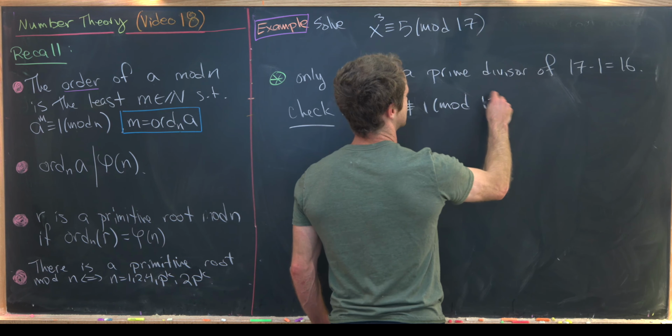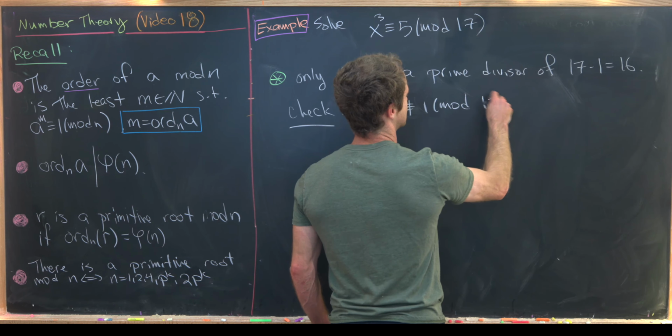That's the first step of any problem like this, if you're going to solve it using primitive roots. So let's bring that fact to the top and then we'll continue on. Along our goal to solve x cubed is congruent to 5 mod 17, we have determined that 3 is a primitive root mod 17. So from here, we'll set x equal to 3 to the y.